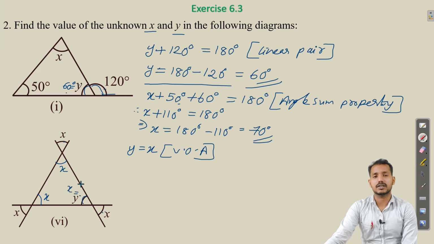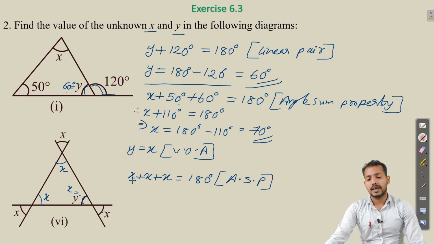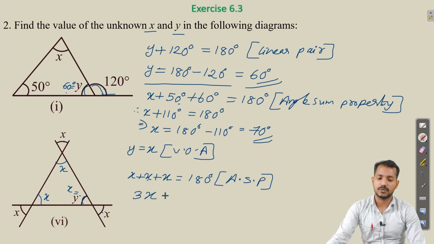Because vertically opposite angles are equal. So now we got all the interior angles of this triangle as x. Therefore we can say that x plus x plus x is equal to 180 degrees, by the angle sum property. I am writing in the short form. x plus x is 2x, 2x plus x is 3x. 3 times x is equal to 180 degrees.